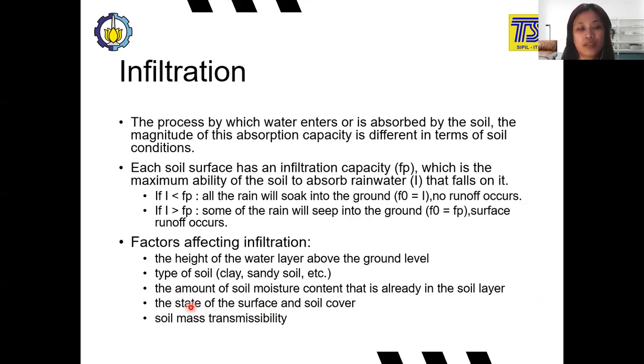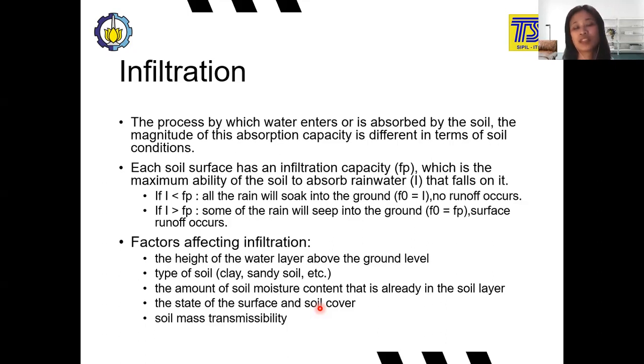And the fourth one is the state of the surface and soil cover, which means if the surface of the ground is covered with paving block or asphalt, the infiltration will be different. If the soil cover has, for example, plants or grass, there will be roots inside the ground before the groundwater level.